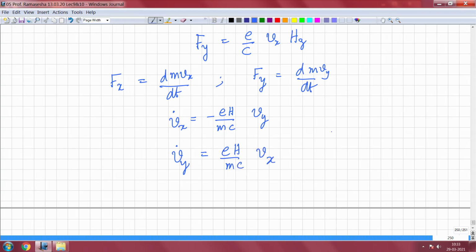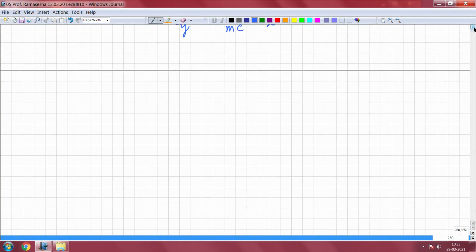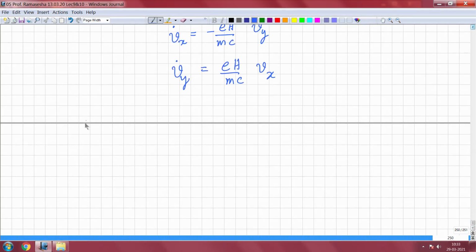Of course, c is the velocity of light. This is an oscillatory solution, and we can write Vx equals V0 cos omega_c t, and Vy equals V0 sin omega_c t.